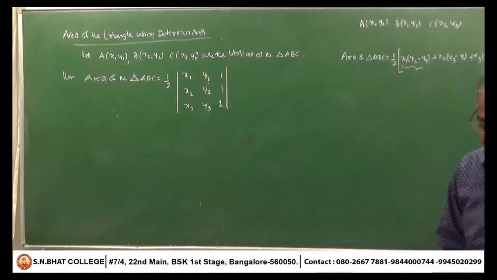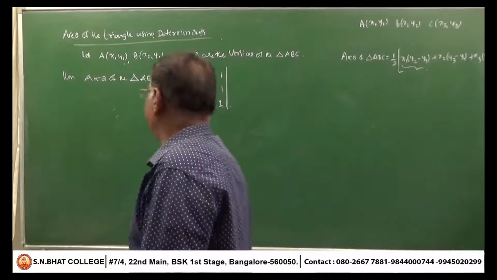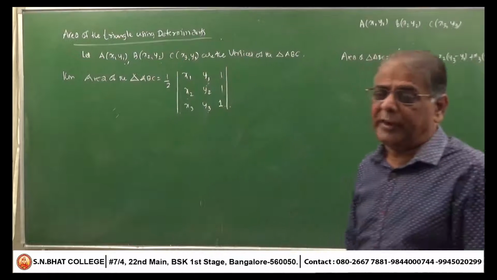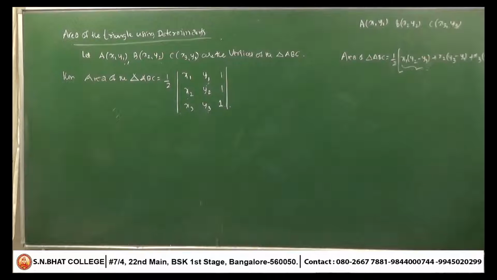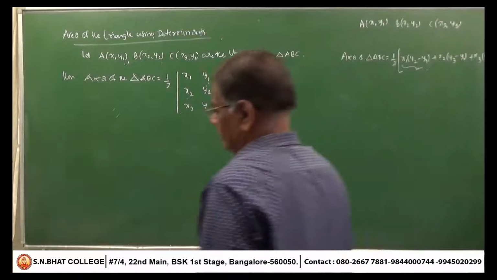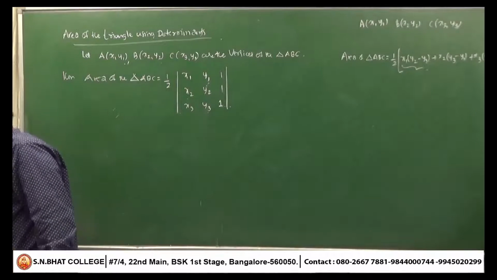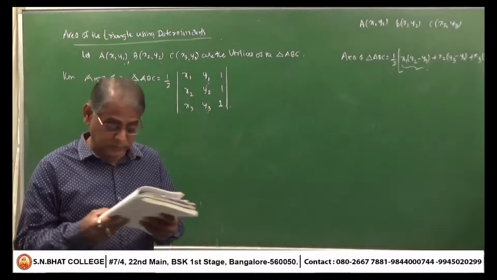You will get that equation. This is the formula to find the area of the triangle using determinant. It's a compulsory question for 2 marks in part B. Please remember the formula.